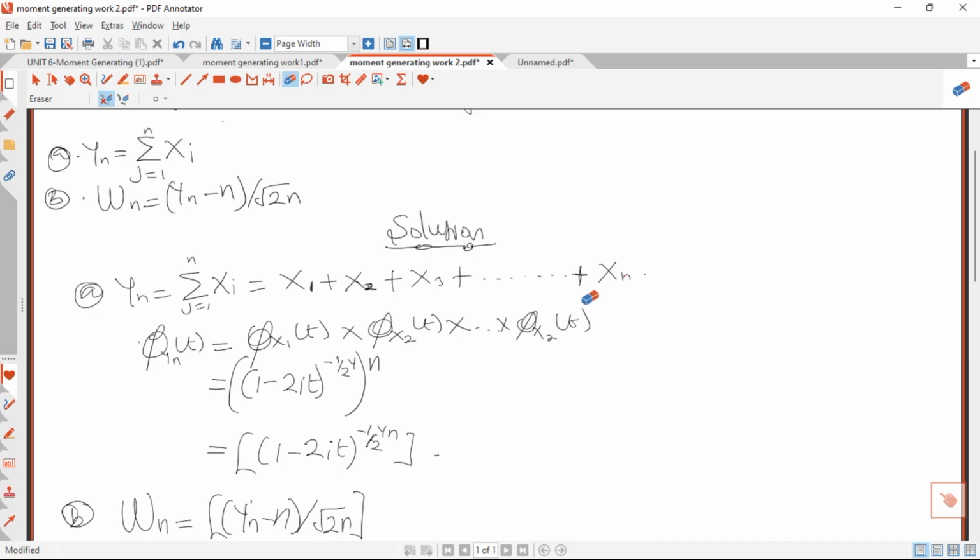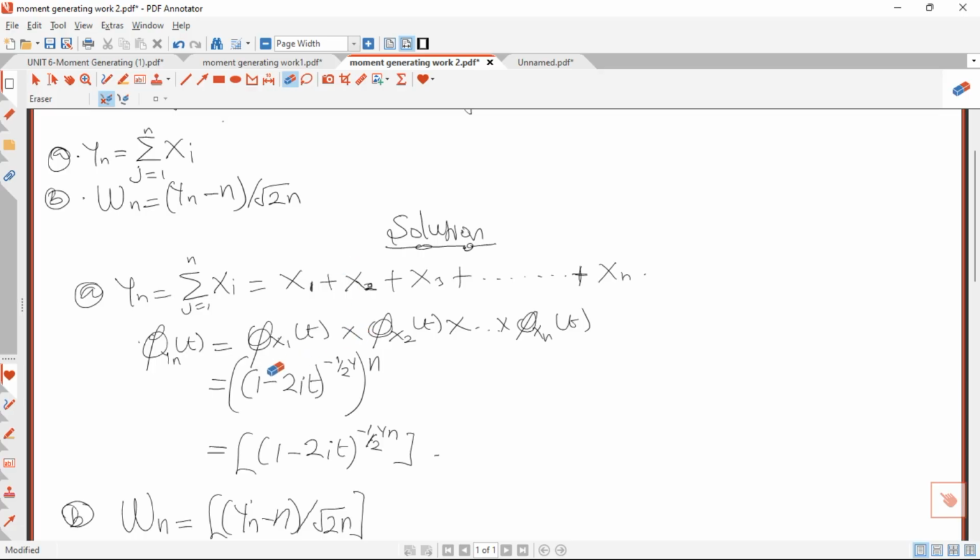And then since these are independent random variables, the characteristic function for Y sub n will be the product of the characteristic functions of the Xi. So here will give us the characteristic function of X1 times X2 times X3 times ... times Xn, as we all learned.